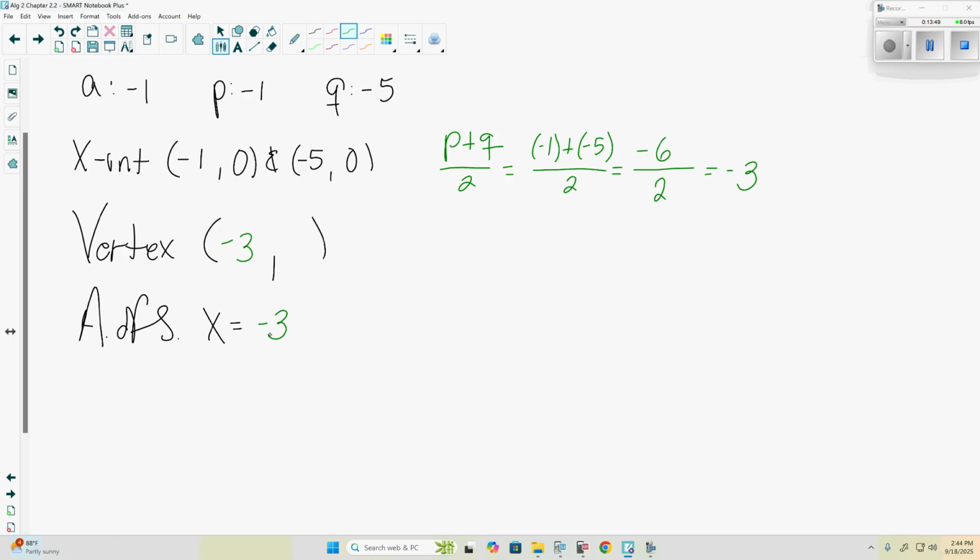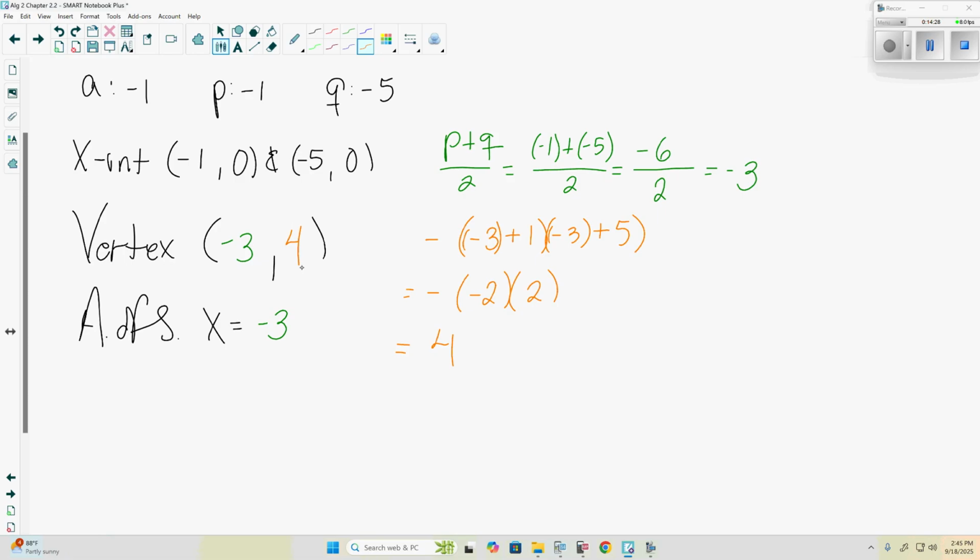Now the last thing we have to do is plug this back in. So we'd have negative 3 plus 1 times negative 3 plus 5. Well, negative 3 plus 1 is negative 2. Negative 3 plus 5 is 2. Negative times negative 2 would be positive 2, and 2 times 2 is 4.